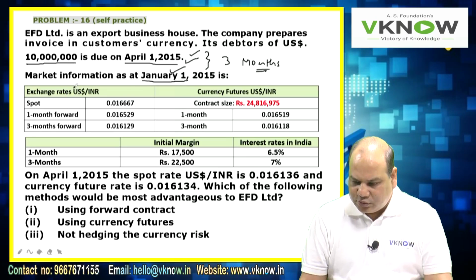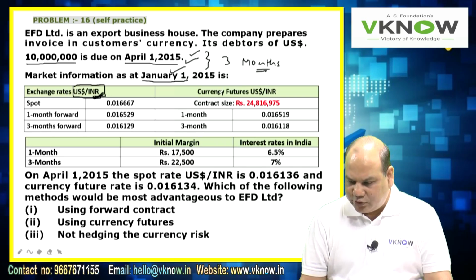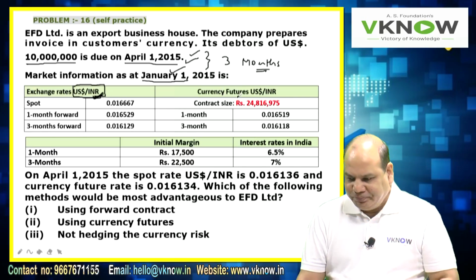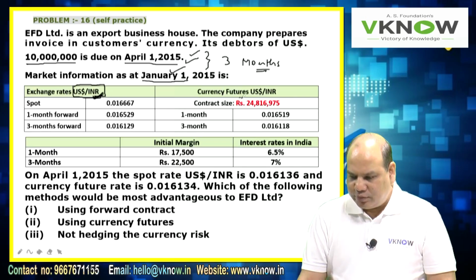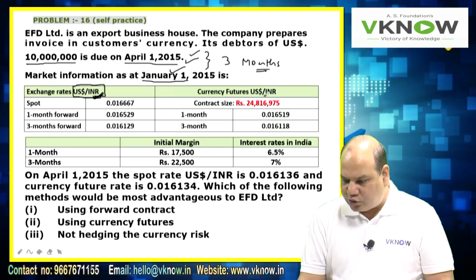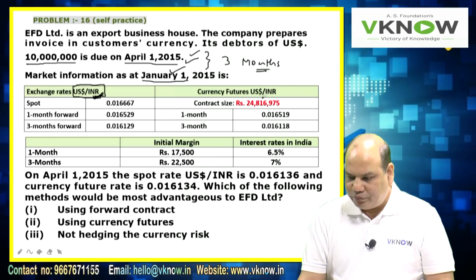Exchange rate, again to confuse you, USD per INR is given. So rate is for INR. Spot rate, 1 month forward rate, 3 month forward rate, and this side the detail is about currency future. Currency future US dollar per INR. And look at the contract size.